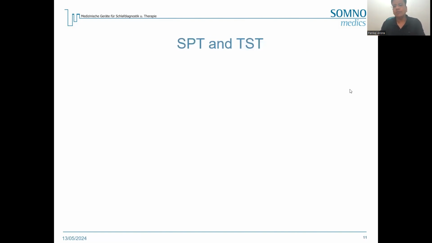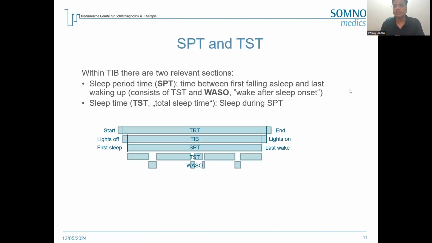Okay, so now I will tell you total sleep time and sleep period time, which I will explain with this graph. I told you, starting from the polysomnography unit and switching on the polysomnography is the total recording time. Defining from lights off to lights on is time in bed.